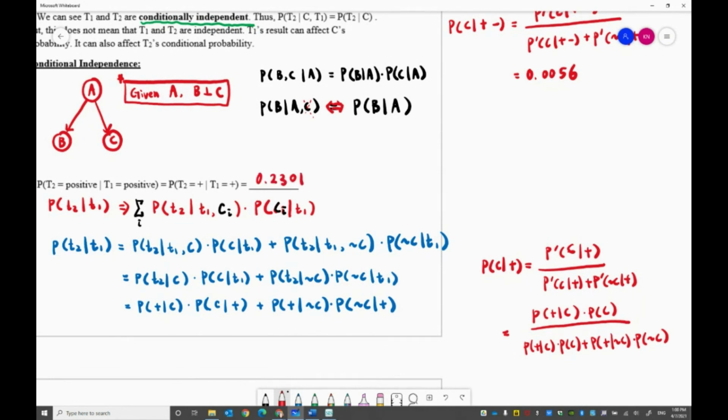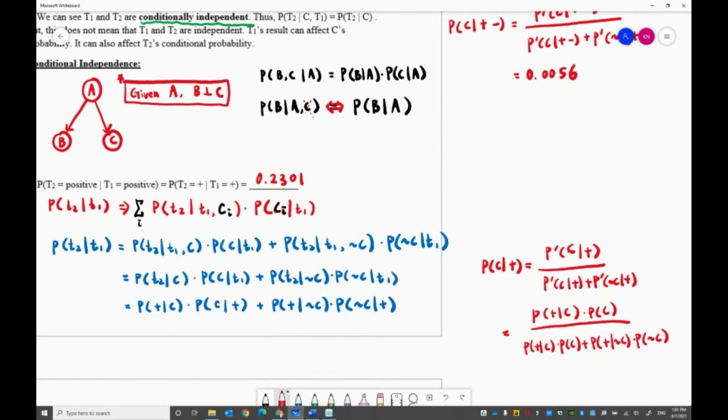First I gave you how to start. The probability of tester 2 positive, given tester 1 positive, you can rewrite as the probability of tester 2 positive given tester 1 positive and C, times the probability of C given tester 1 positive, plus the probability of tester 2 given tester 1 and not C, times the probability of not C given tester 1.